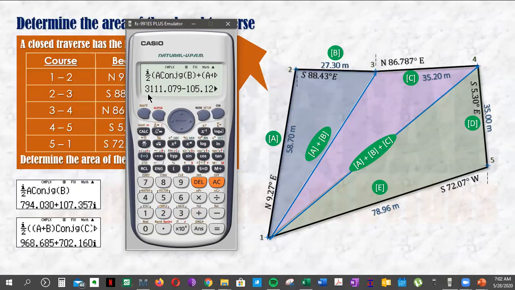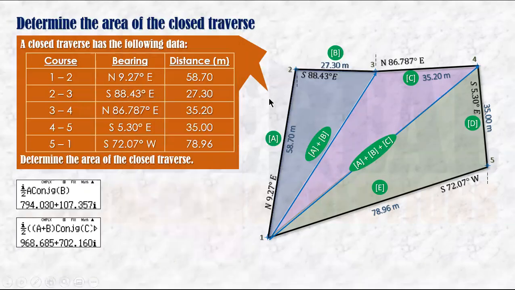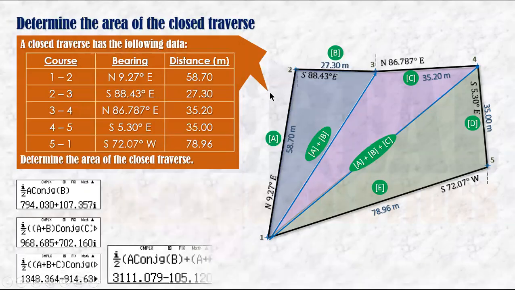So again, I got 3,111.079. That's the area. Do not mind the imaginary part. Okay? So ito yun.